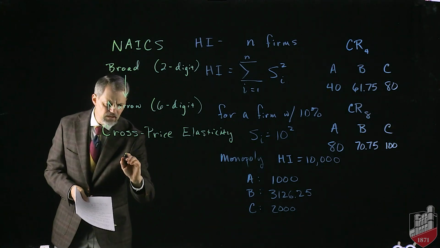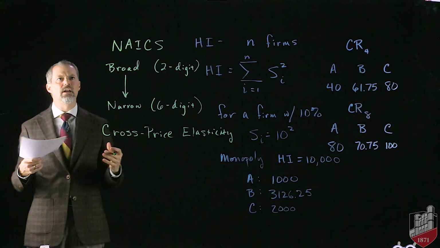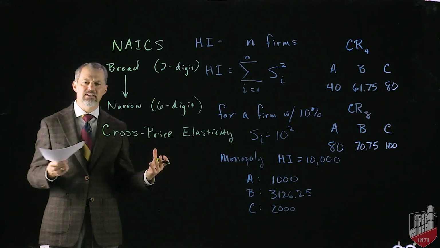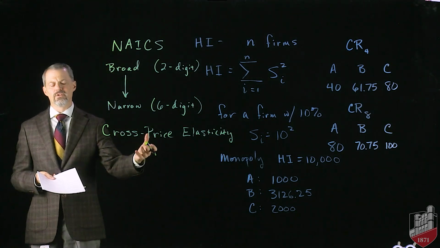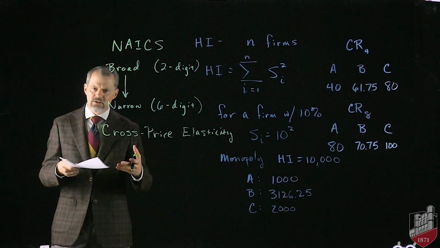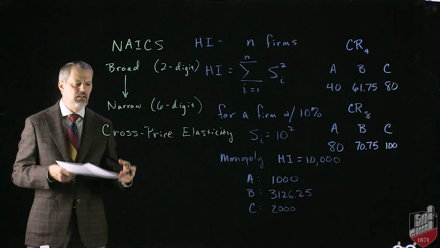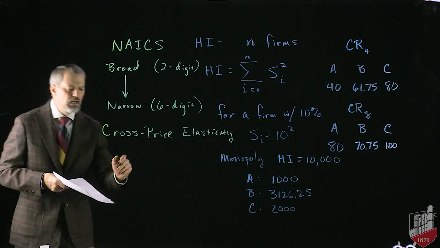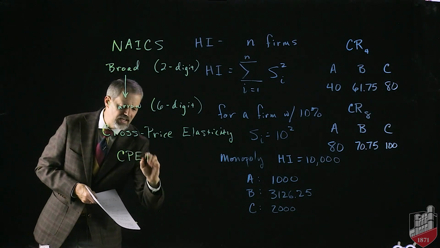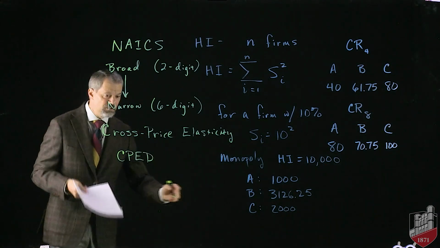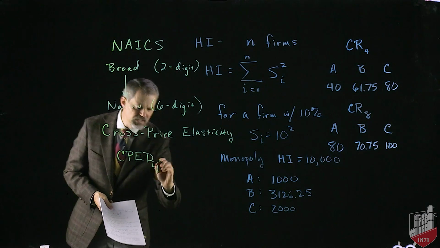So if we think about cross-price elasticity, every textbook has its own terminology that it uses, its own symbols that it uses for elasticities and things like that. So a lot of times in my videos I use this cross-price elasticity of demand, and usually I put IJ there.